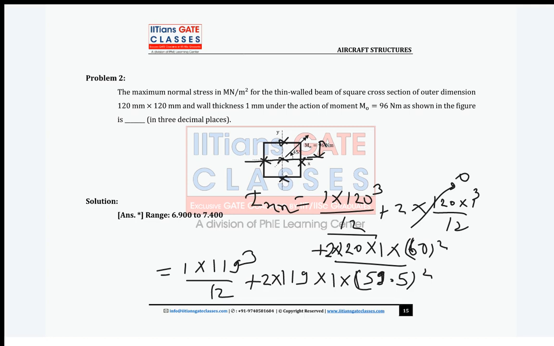Now tell me the answer. Using this, how much did you get? Which was easier, this or that? That was easier, right? The one we did initially, the hollow one, is easier, right? Not these many steps and complications. So what is the value? Ixx equal to Iyy using the thin walled approximation.